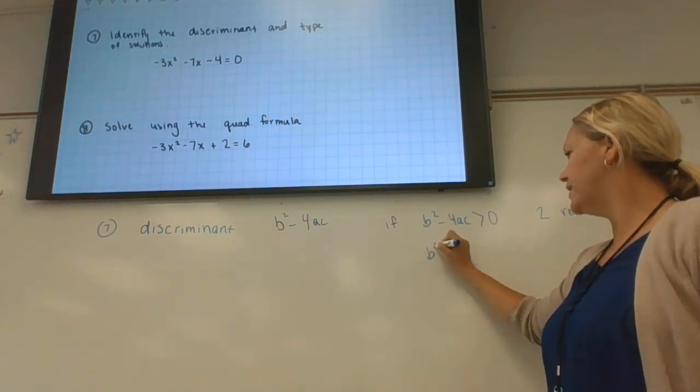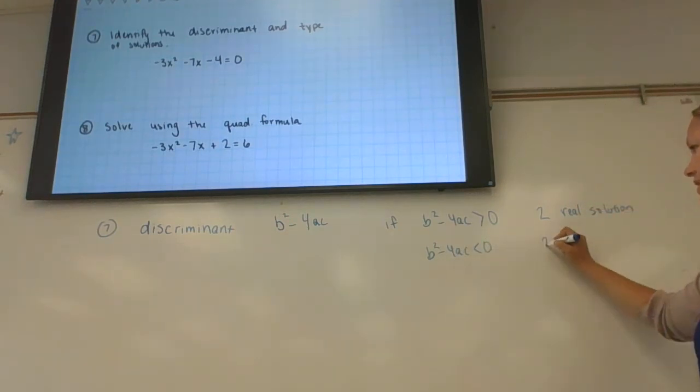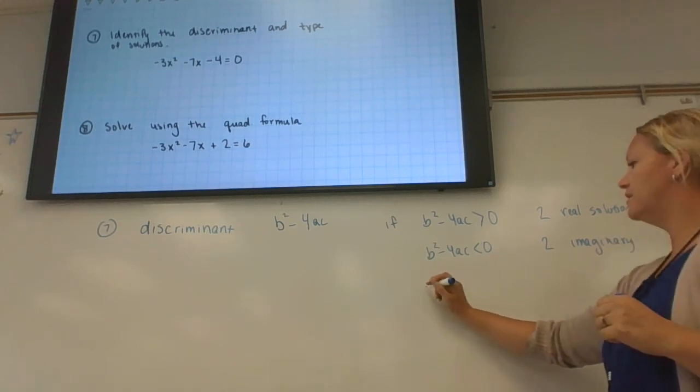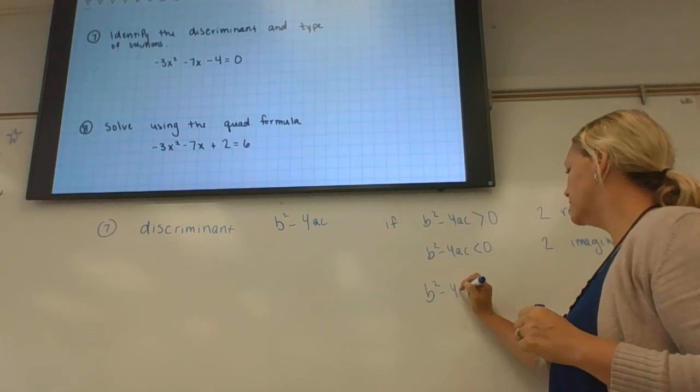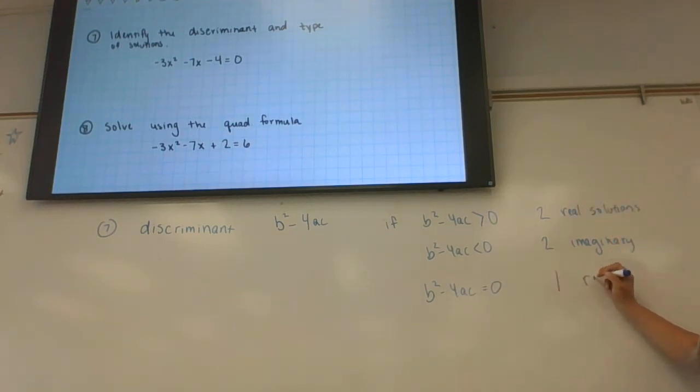If it's less than 0, it has 2 imaginary answers. And if it exactly equals 0, you have 1 real solution.